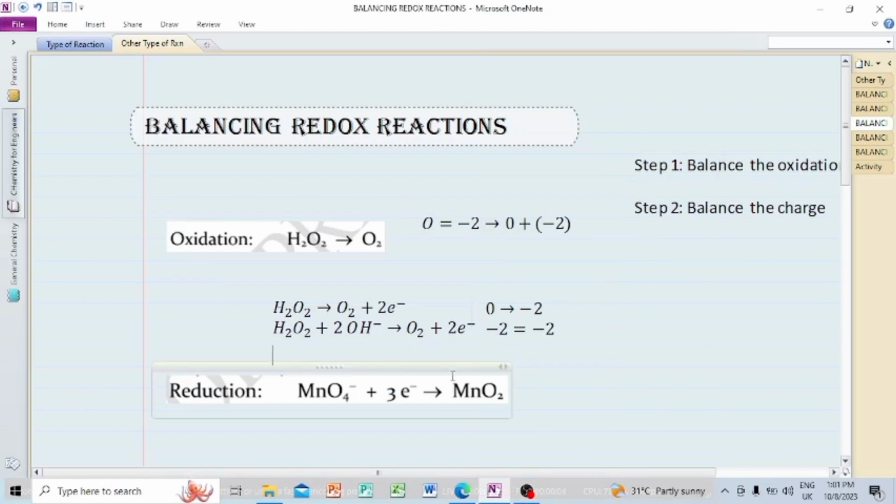So, step 3, since we added hydroxide ion on the reactant side, we will add water on the product side. Di ba? Sabi natin, if we add hydroxide ion sa kabilang side, mag-add tayo ng water sa kabilang side. So, in this particular example, we added hydroxide ion here, so mag-add din tayo dito ng water. So, for our step 3, addition of water.